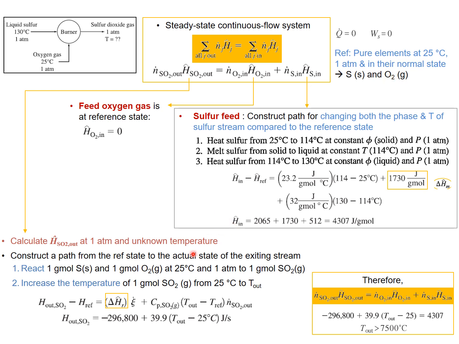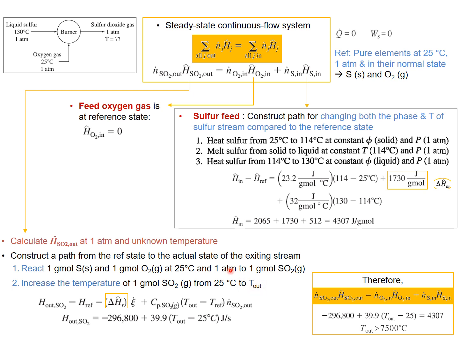So for making SO2, you should have reaction at the reference state first. So that is the value that was given to you. Delta H of reaction at 25 Celsius degree and 1 atm with extent of reaction. Plus then you should increase the temperature of 1 gram mole SO2 from 25 Celsius degree to unknown temperature.